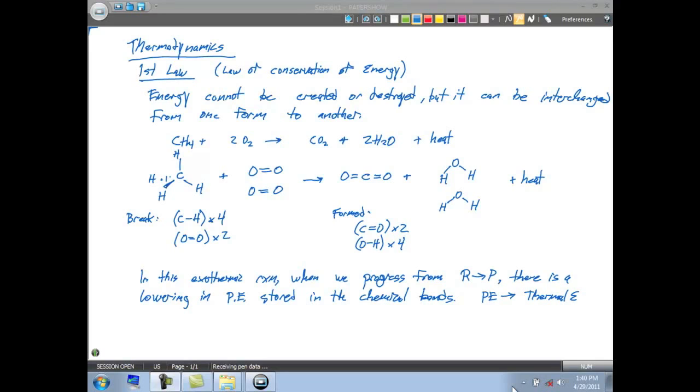So each of these bonds, this chemical bond, has a lot of potential energy there. And it's a great way to store the energy. You've heard about hydrogen fuel cells and a hydrogen economy. That hydrogen-hydrogen bond has a lot of energy stored in that chemical bond that we can put to good use.